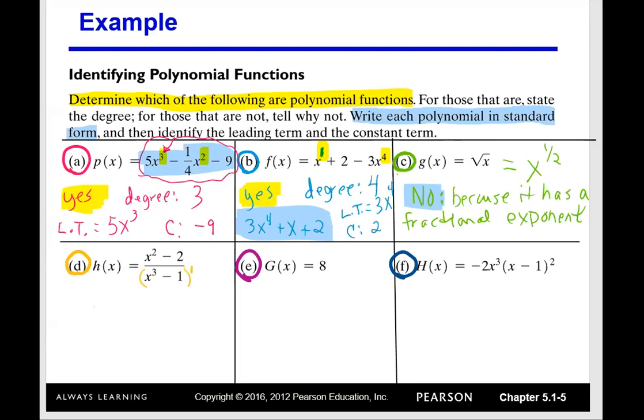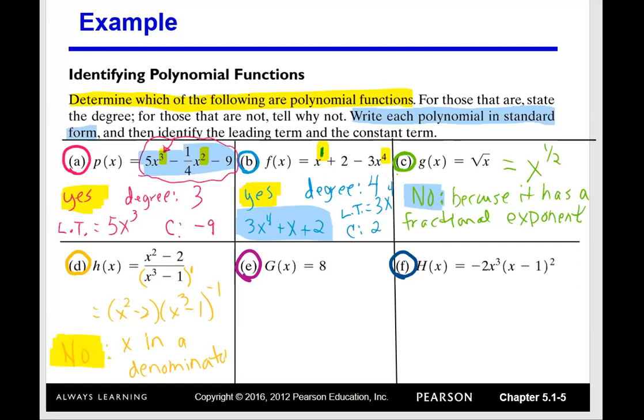If I brought it up, it would then be x cubed minus 1 to the negative first power. And then I've got a power to a power. I end up with a negative exponent on that. You can't have x's in denominators. So on this one, and I don't think the yellow is going to show up very well. It's all right. This one's a no because there's an x in the denominator, which would cause a negative exponent.